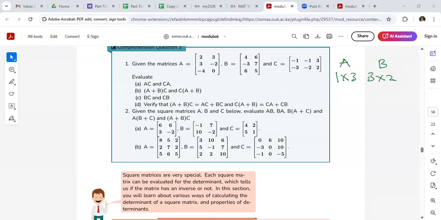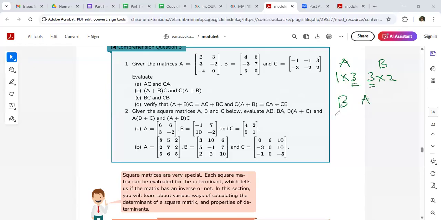Are these two matrices conformable for multiplication? Yes, they are, since the number of columns in A is equal to the number of rows in B. How about B and A?